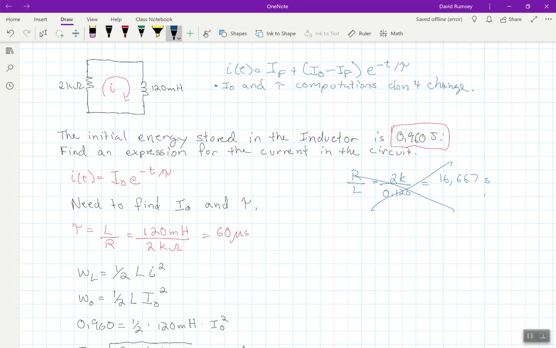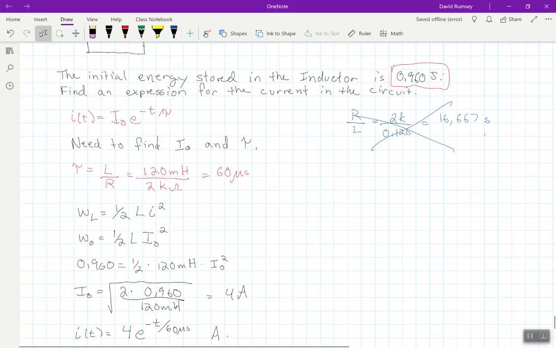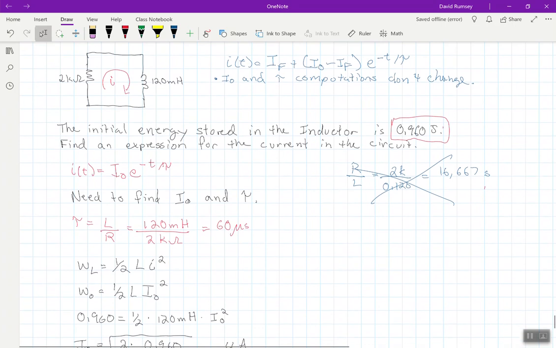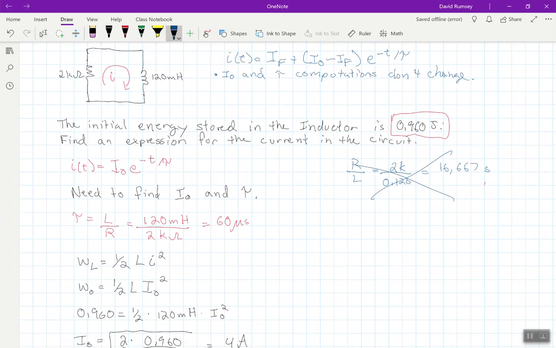We were told it has some initial energy. We determined using that what the initial current would be, which was 4 amps. Using 2 kilo ohms and 120 millihenry, we determined the time constant to be 60 microseconds. Now the only thing we'd have to find is I final. What's the final current through this circuit? There's no voltage source or current source, so eventually the current is going to be 0, because the inductor is going to throw all of its energy onto the resistor, and it's going to dissipate it in the form of heat.